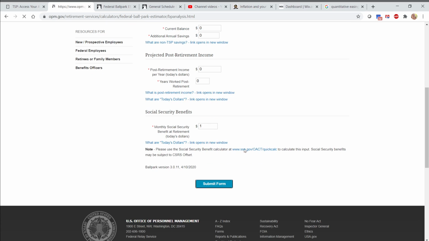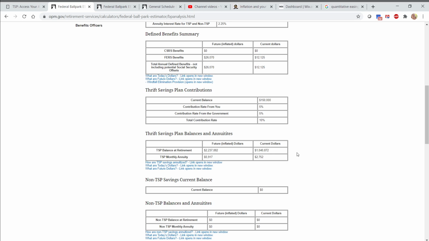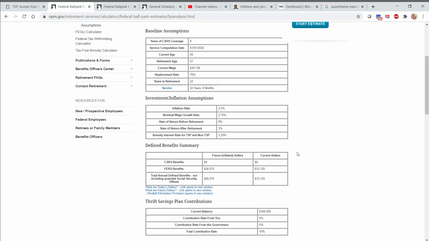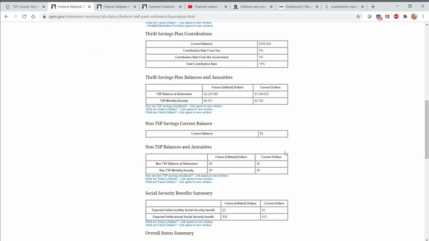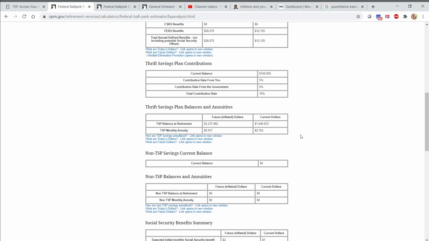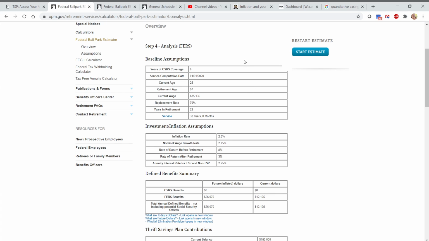And that should all be good. So when I retire, I should have, I don't know if it recalculated, but you guys get the idea. Just keep on playing with the numbers. I probably have to go back and undo everything and restart the estimate.